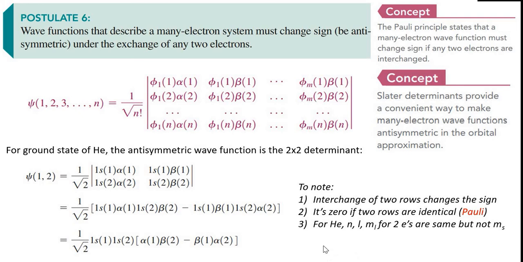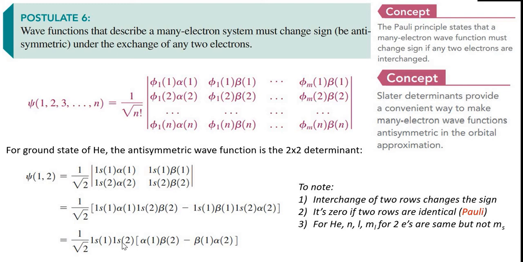So here, in the last line, you see to note that for helium N, L, Ml for the two electrons are the same, but not Ms. For the two electrons, N is 1, both are in the 1s orbital. L is 0 because both are s orbitals, right? So N, L are the same. Ml is 0 only for L equal to 0. So Ml is only 0.